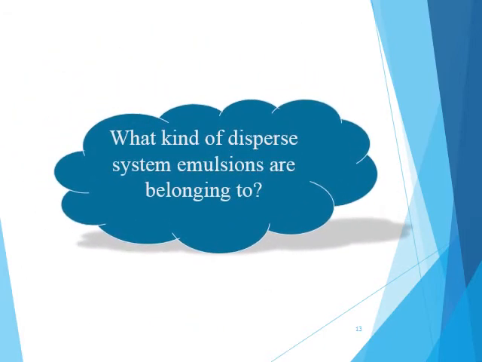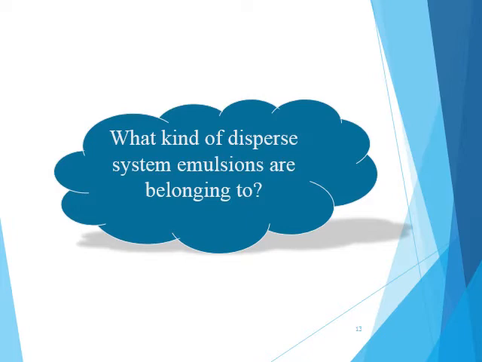Now another question may be asked: what kind of disperse systems do emulsions belong to? Do they belong to molecular dispersion, colloidal dispersion, or coarse dispersion? To answer this question, again, it depends on the type of the emulsion.